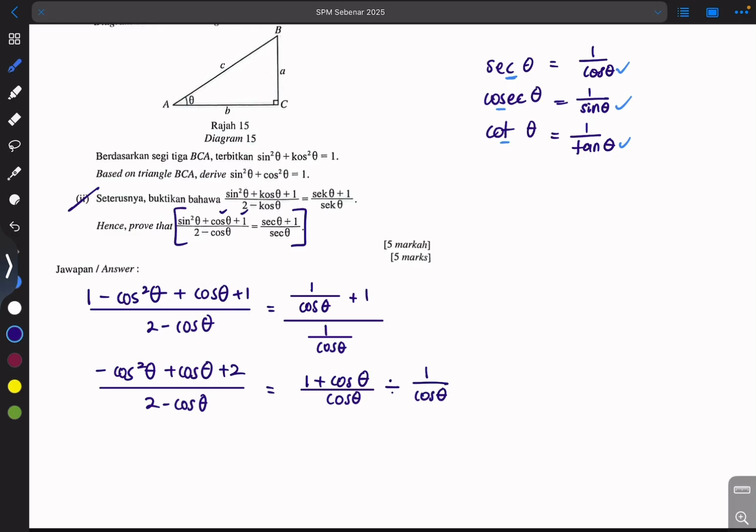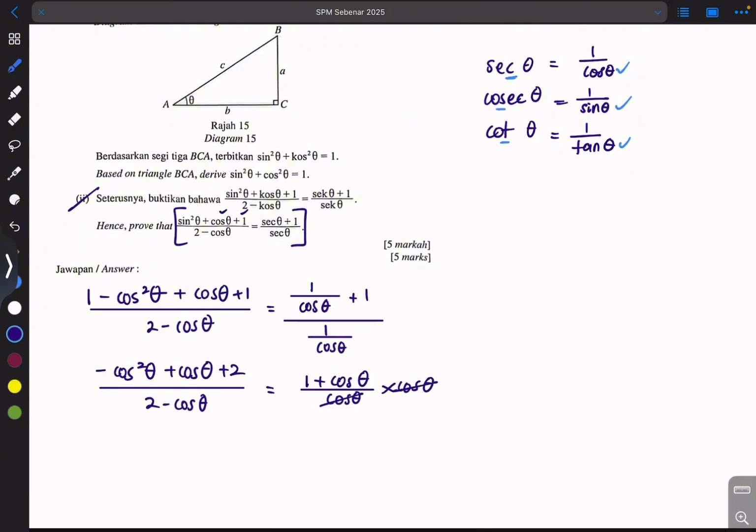If we divide, we change it to times and flip this, so it will be times cos theta over 1. So it's basically times cos theta. Then these two can cancel off.